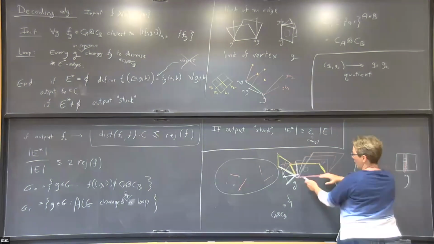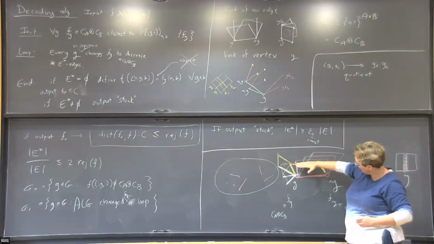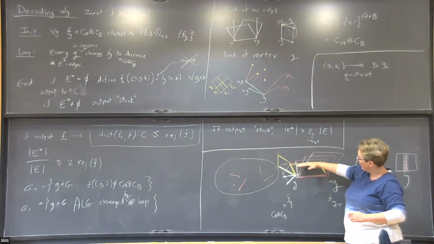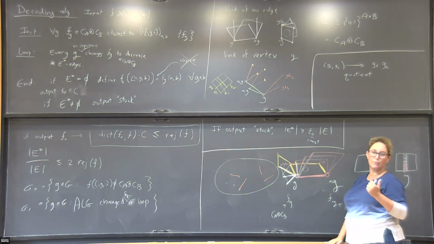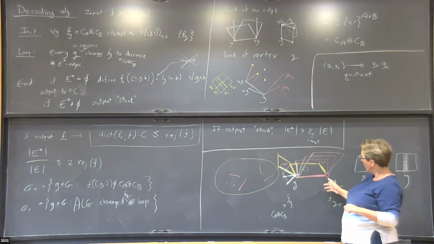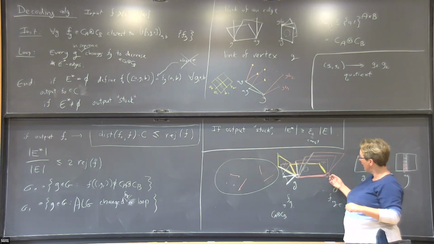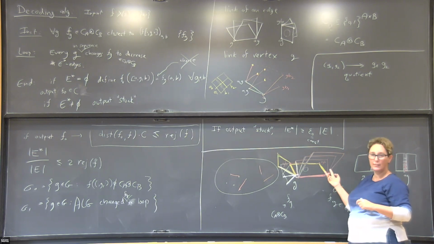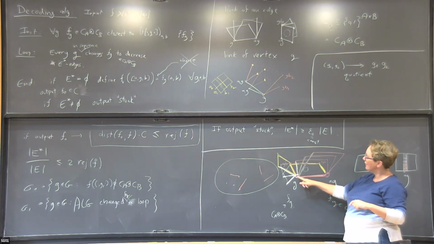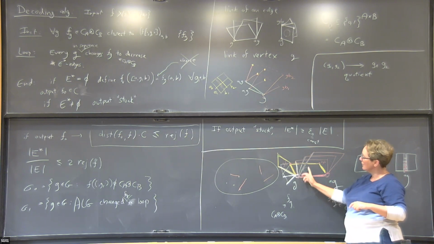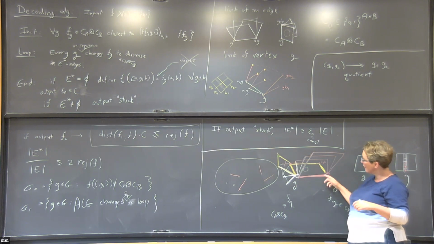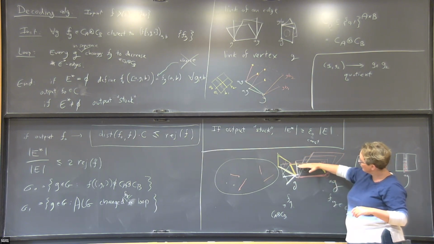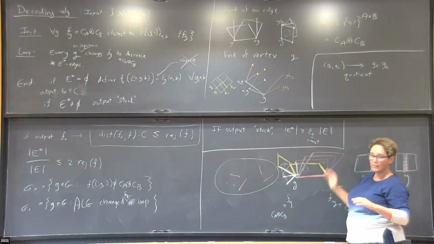Either a constant fraction of the parallel edges are also in E star, that's one event that for me would be a good event. Or G has delta naught over 3 neighbors in E star, or AG has delta naught over 3 neighbors in E star, or this edge has delta naught over 3 parallel edges in E star.